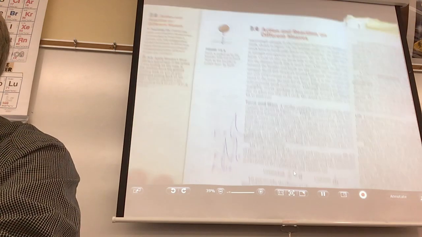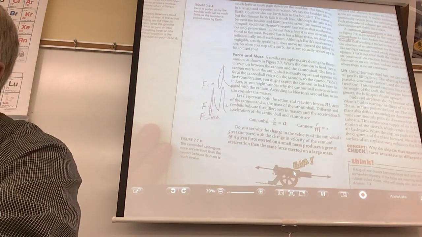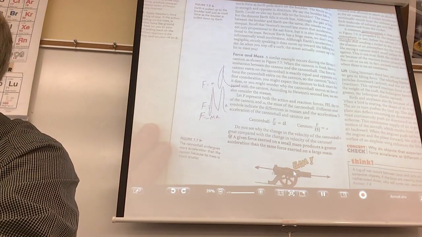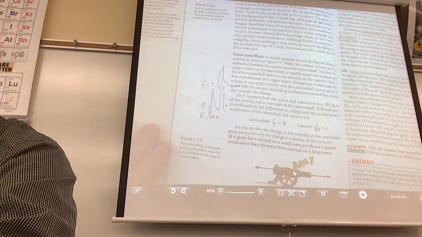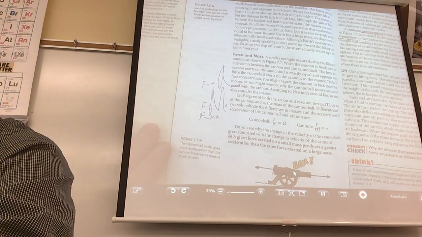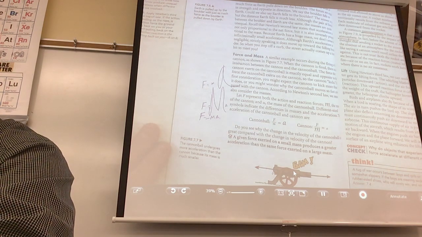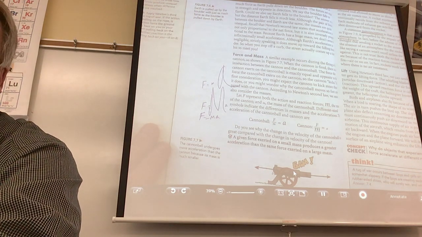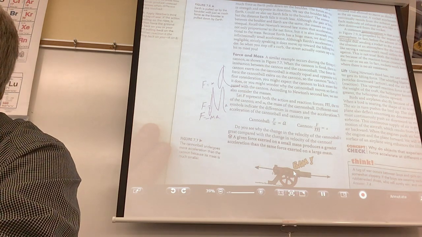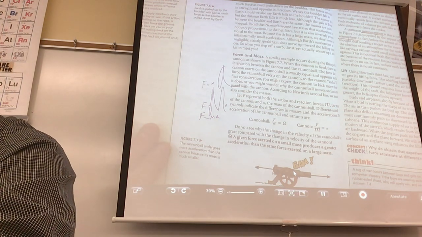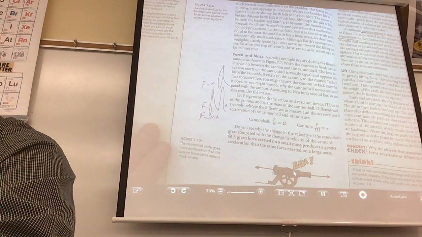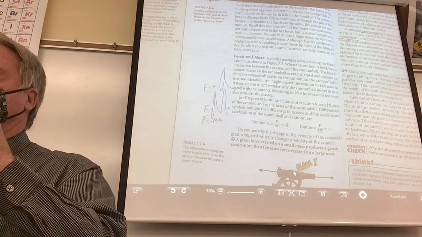All right, down here. Which one's greater? The force of the cannon on the cannonball or the force of the cannonball on the cannon? They're the same. They have to be. Now, what effect does the force on the cannon have on the motion of the cannonball? What's it going to do to the cannonball?